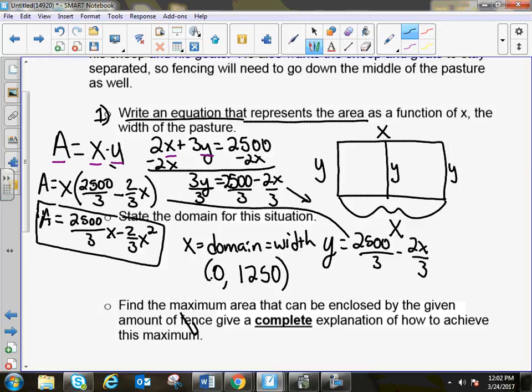Notice I used parentheses and not brackets. The reason for this is you actually wouldn't have an area left if you used 0 or 1,250.